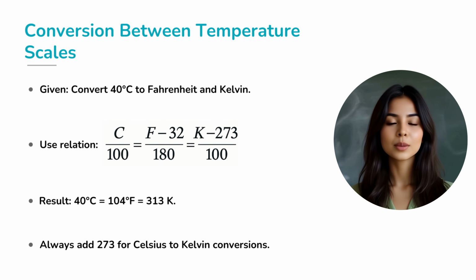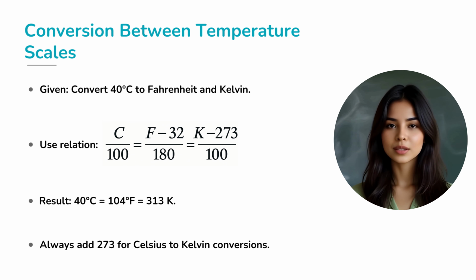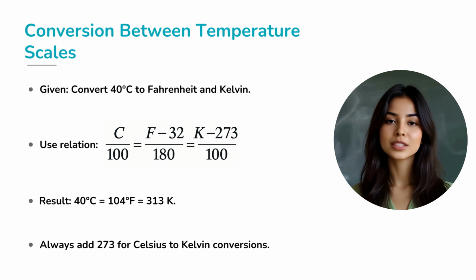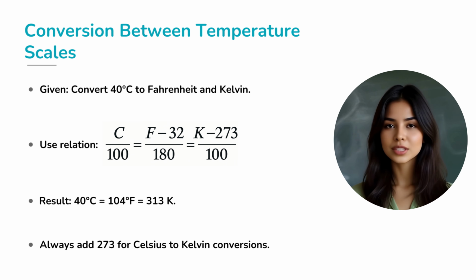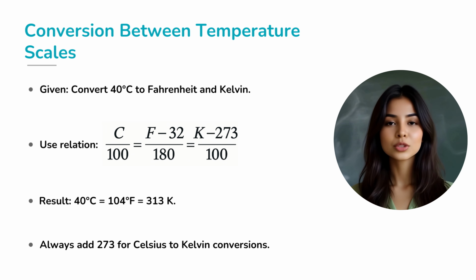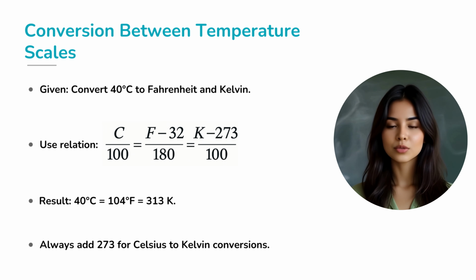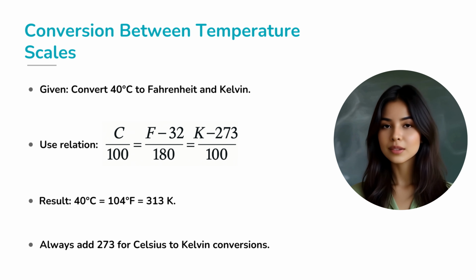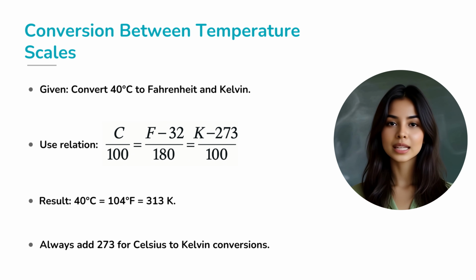Let's solve an example to see these conversions in action. Suppose we want to convert 40 degrees Celsius to both Fahrenheit and Kelvin. We start with the relation C/100 = (F − 32)/180 = (K − 273)/100. Substitute C = 40, so 40/100 = (F − 32)/180.